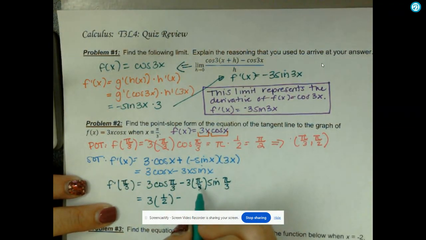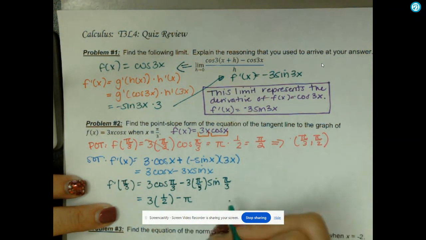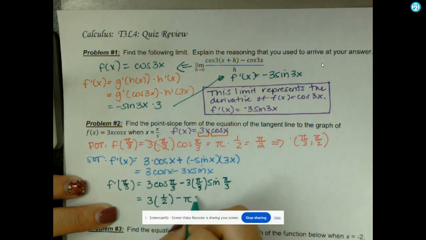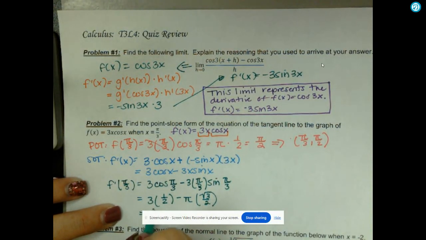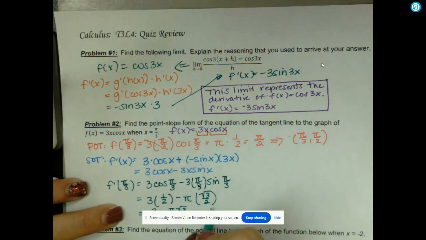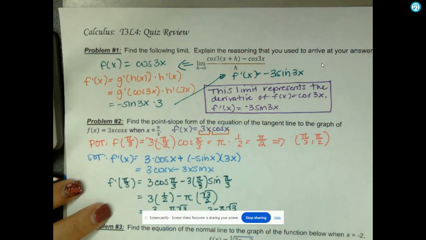Minus, those 3's cancel, give me a pi. And the sine of pi on 3 is going to be the square root of 3 over 2. All right, simplify that out. That's going to give me 3/2 minus pi square root of 3 over 2. Common denominator already there. So 3 minus pi square root of 3 over 2 is my SOT.